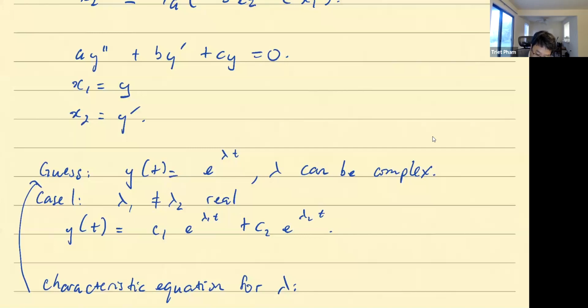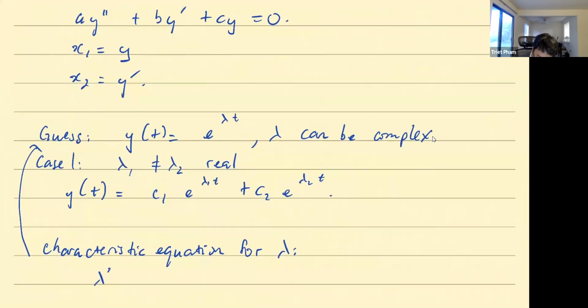You plug this guess into the equation, and you get a quadratic equation for lambda, which is a lambda squared plus b lambda plus c is equal to 0. From there, we observe that we have 3 cases of lambda, from the sign of the discriminant of this quadratic equation.